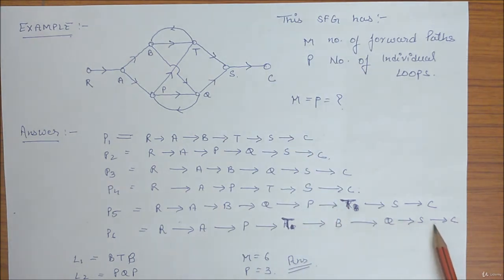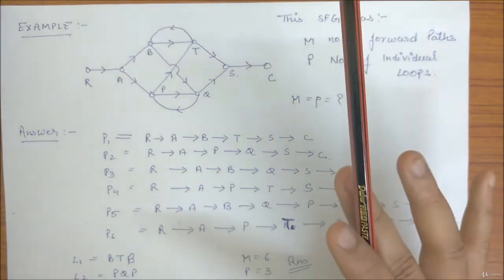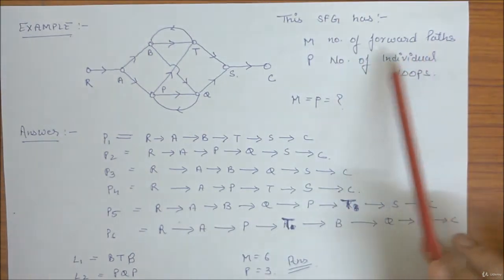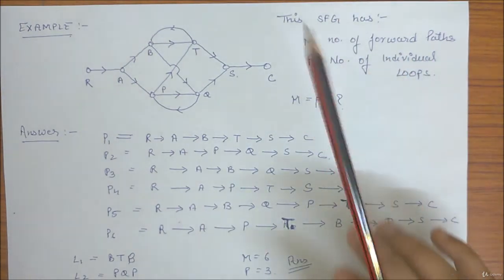So you can see there are a total of 6 forward paths, so my m will be equal to 6.